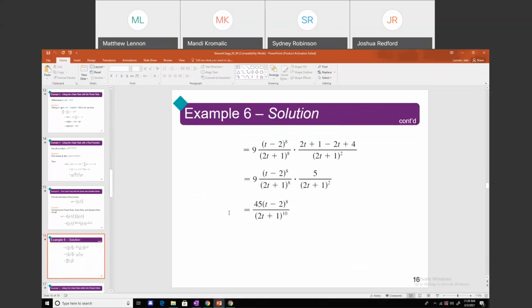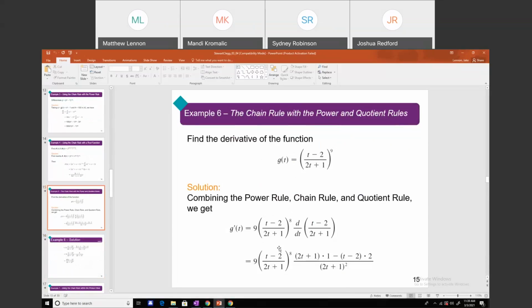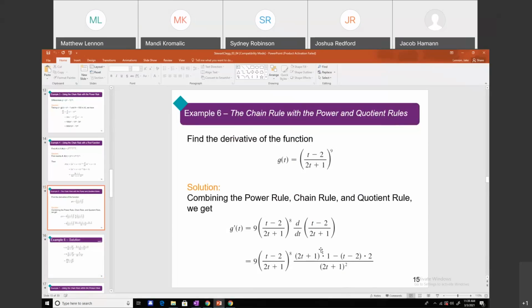Of course, they'll have t's involved, but yeah, 45 times t minus 2 to the 8th over 2t plus 1 to the 10th. Exactly the same thing as what we got. They did their quotient rule all at once right here. We kind of did it on the side. I typically think that's, I don't know, I would have just rather had it done separately.